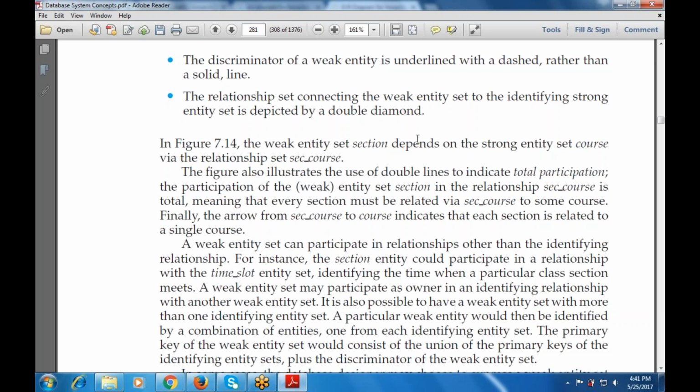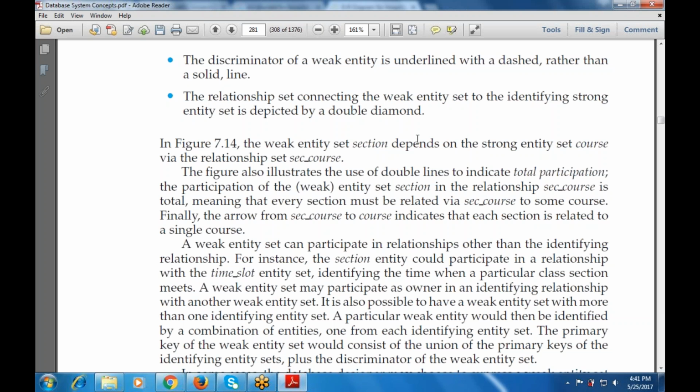For example, the section entity could participate in a relationship with a time slot, identifying the time when a particular class section meets, and that could participate as an owner in an identifying relationship with another weak entity. It is possible to have a weak entity set with more than one identifying entity set.